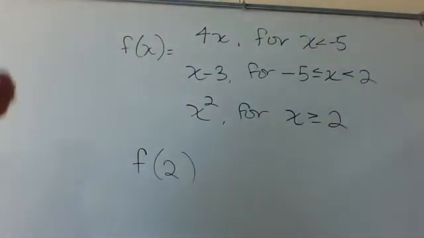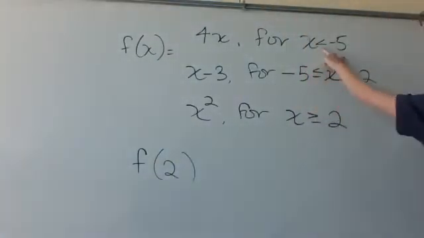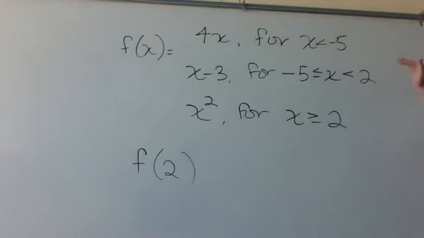So you're going to have to be careful on this one. Is 2 less than -5? No, it's bigger than -5. So it's not in this first piece. This says x is greater than or equal to -5 and x is less than 2. So that means it's in between the -5 and the 2. But look, 2 is in both of these pieces.